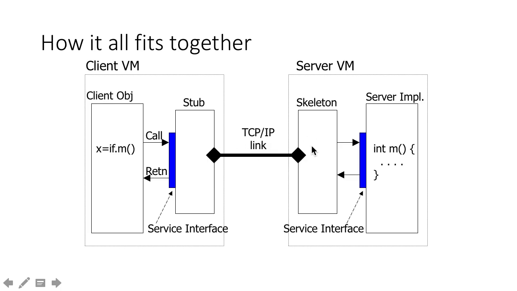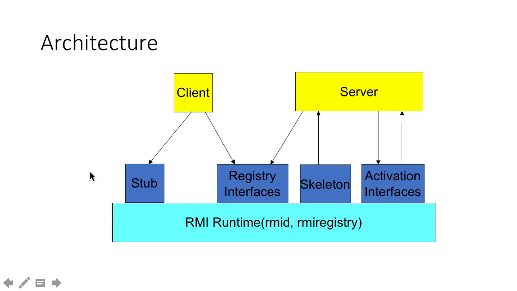It has to stop and wait for the skeleton to marshal the parameters, invoke the method m, then return the answer back through the stub, and then return to the equal sign. So from the client point of view, we're using a registry which can run either on the client or on the server, and the server can go and access that registry and register some of the services at runtime.